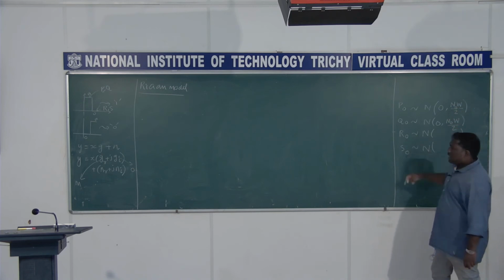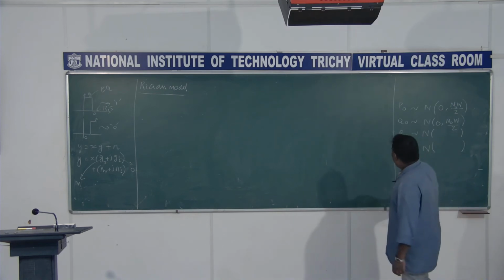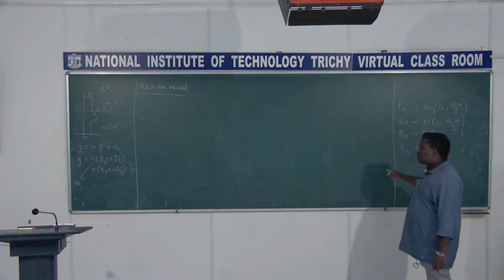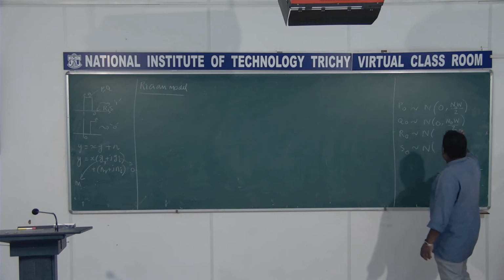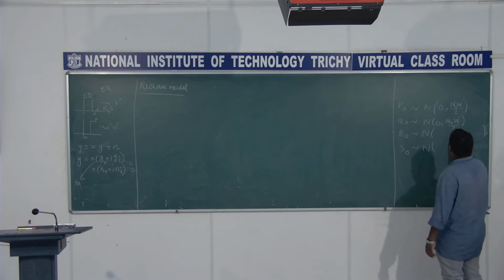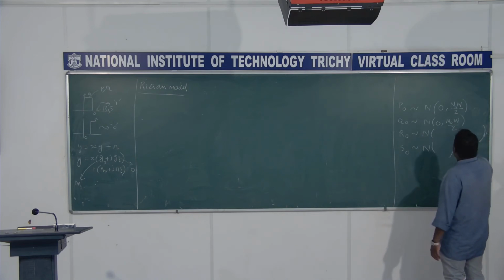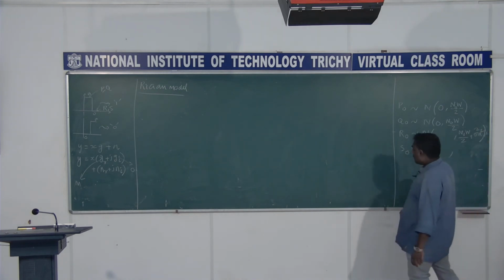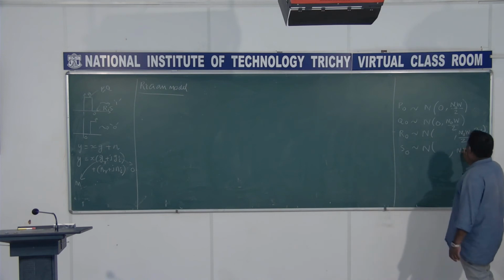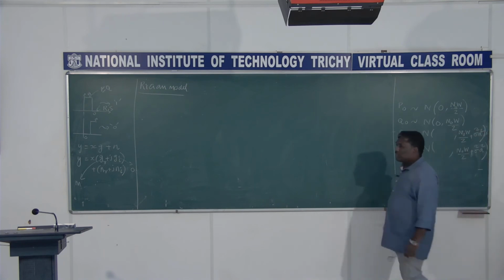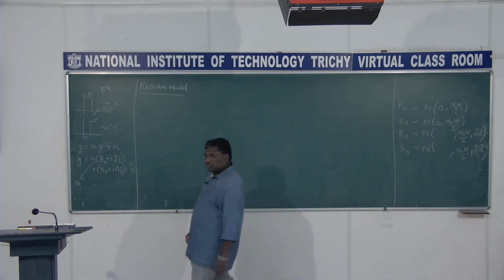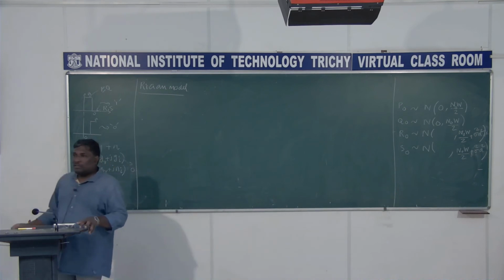But only here we have some change. In case of R0, even these variances are going to be the same, so I will write it here as N0 W by 2 plus sigma square A square. And here also we get N0 W by 2 plus sigma square A square, right? But the mean, we have the difference.